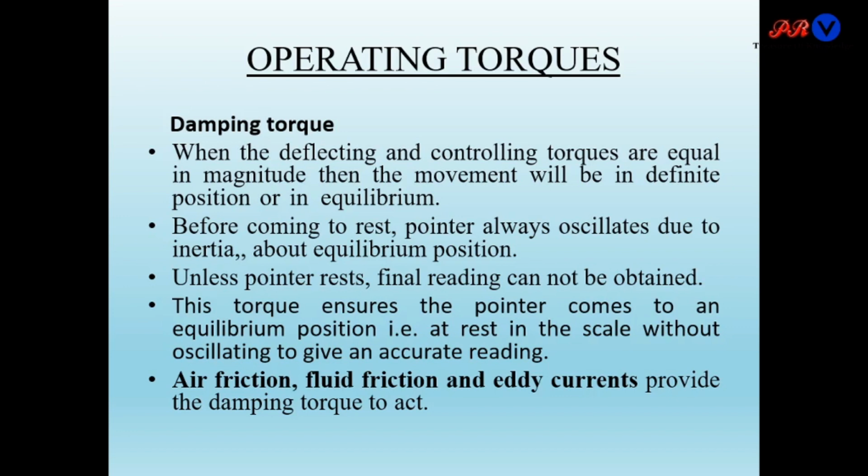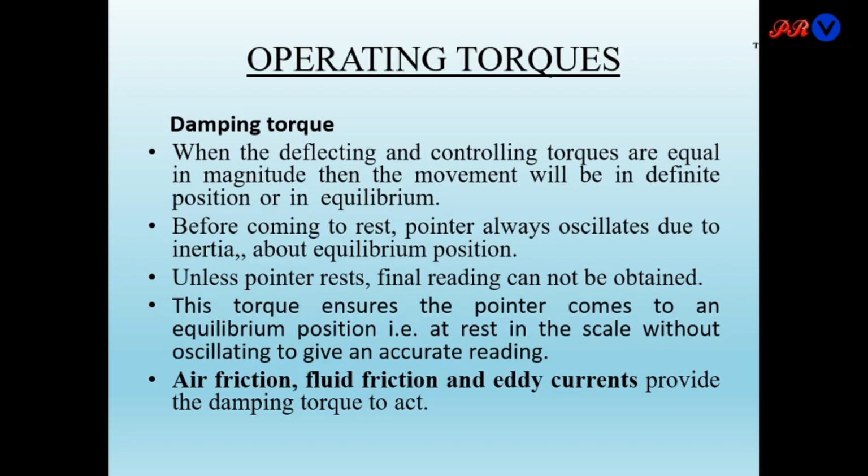The third torque is the damping torque. It is also very important. When the deflecting and controlling torques are equal in magnitude, then the movement will be in a definite position or in equilibrium. Before coming to rest, the pointer always oscillates due to inertia about the equilibrium position.